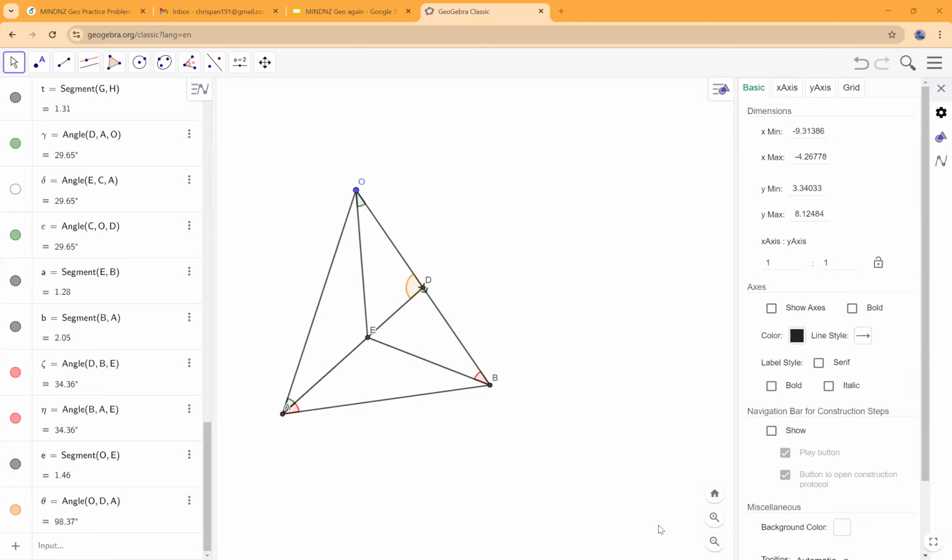Wait, let me see if I can pull up a whiteboard or use a pen. Okay, that's good, I think.